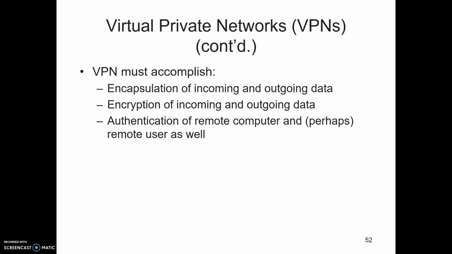And then we have the encryption of incoming and outgoing data to keep the data contents private while in transit over the public network, but usable by the client and server computers and/or the local networks on both ends of the VPN connection.